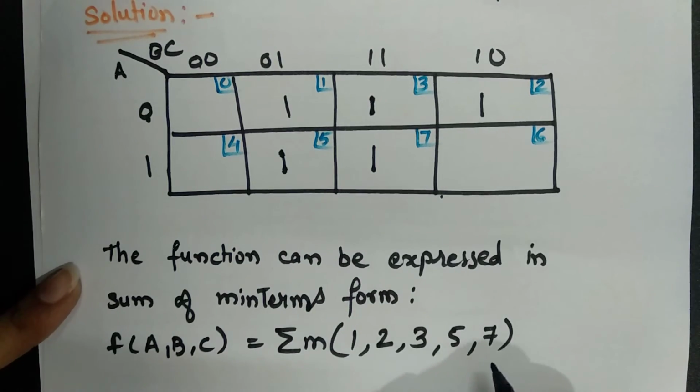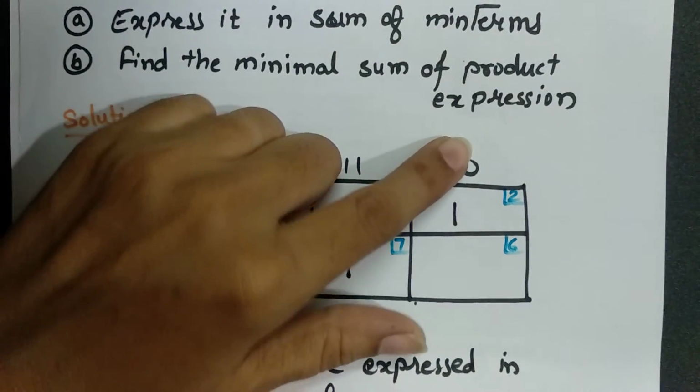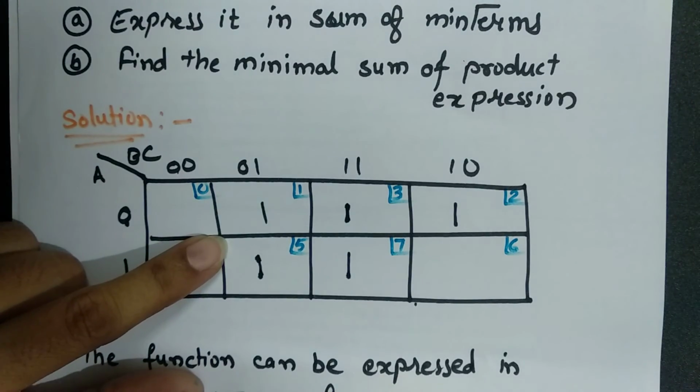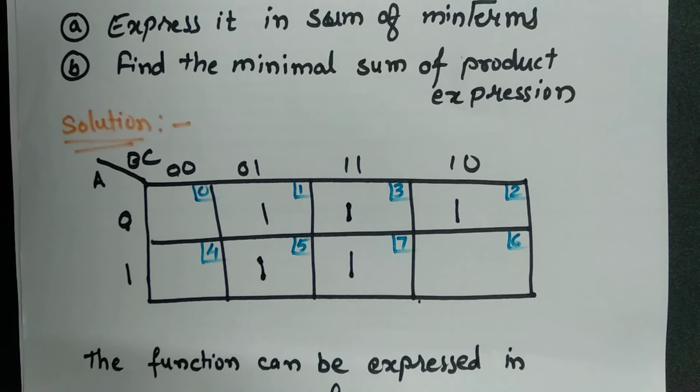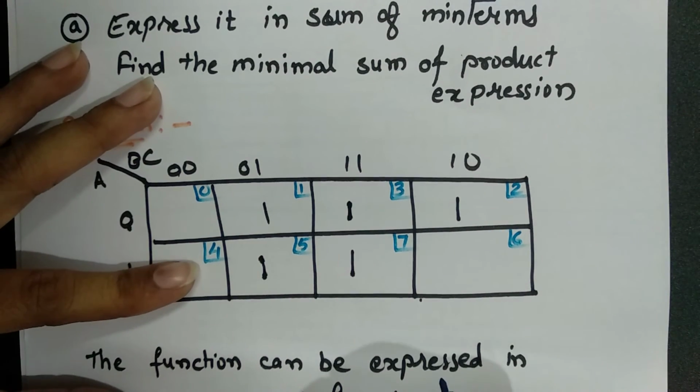Second, what? You have to find the minimal sum of product expression, means you have to minimize this K-map. How we can minimize this K-map? We have to again pair this, right? How the pairing is possible in this case?